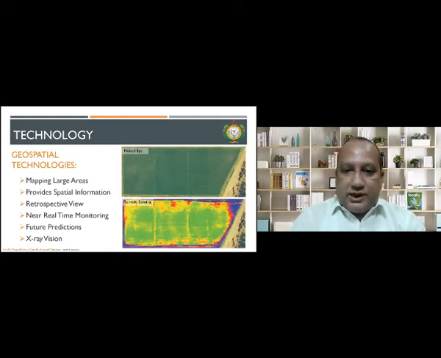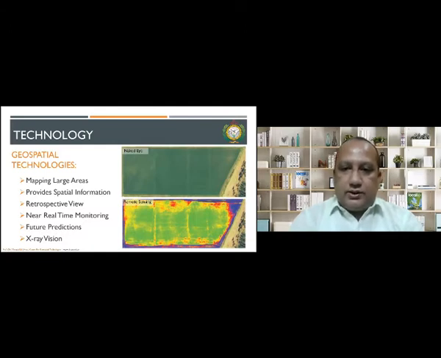But just to tell you in very simple words, this image is of the same field, at the same time. This is a true color image, what you see through your eyes, and this is something through the satellite, imaging in a specific band. All these red and yellow spots, something is not going fine.